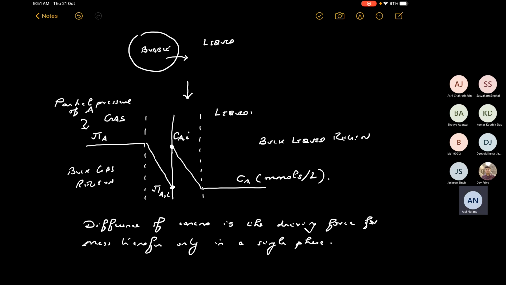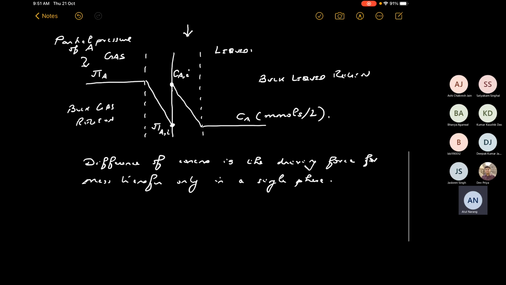The flux within the bubble is going to be proportional to pi a minus pi ai. It is also going to be proportional to cai minus ca, but you cannot say that it is equal to pi a minus ca. That is simply wrong.